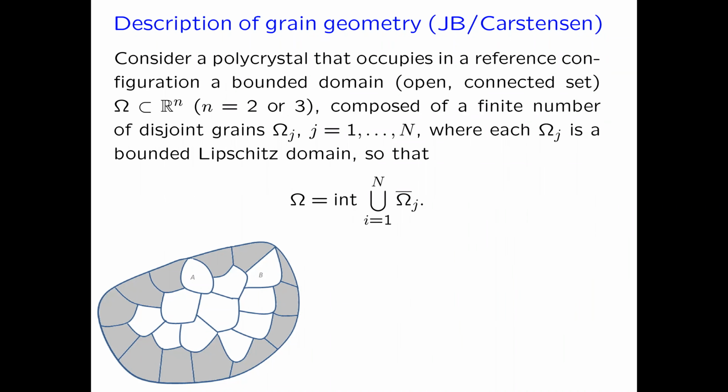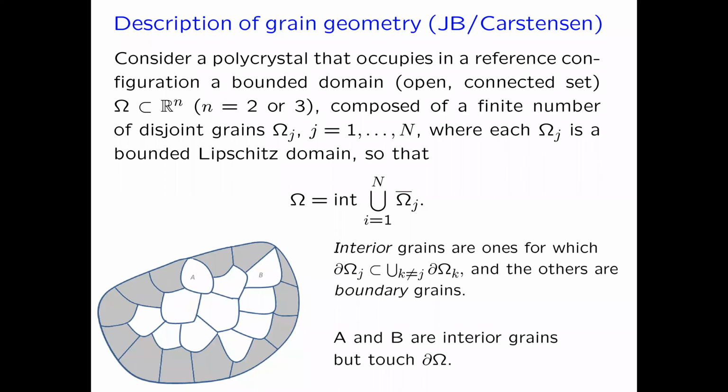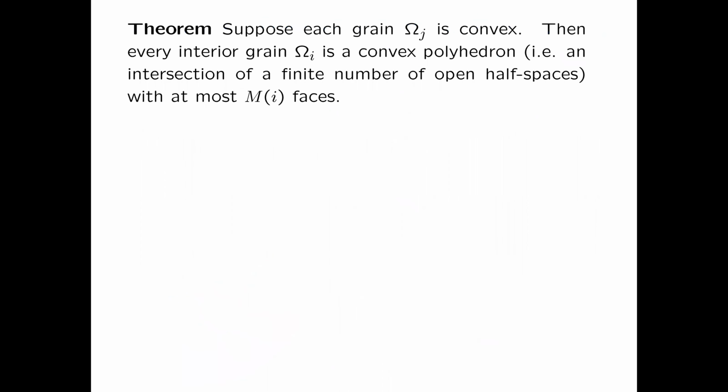I've run out of battery on my pointer. Okay, so A and B are interior grains, but they do touch the boundary. No, but it's a different kind of battery. Thank you. Okay, it doesn't matter. Very good. So use my finger.